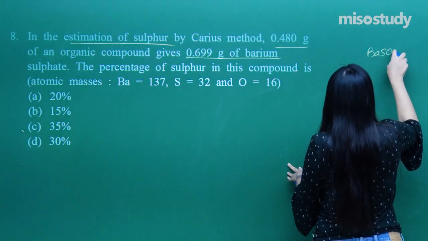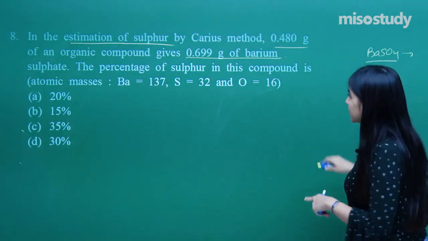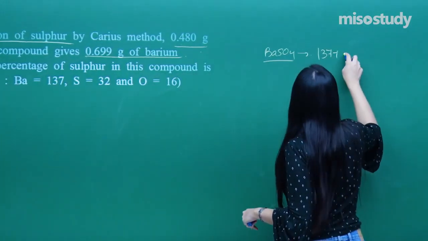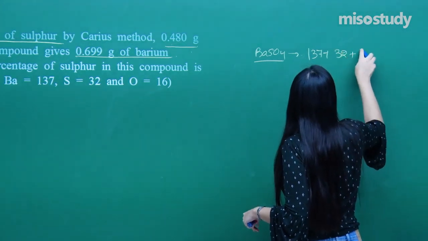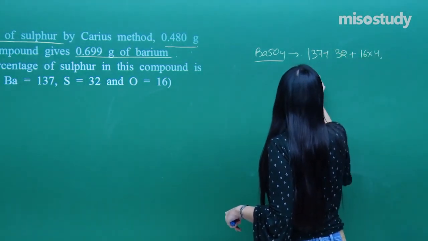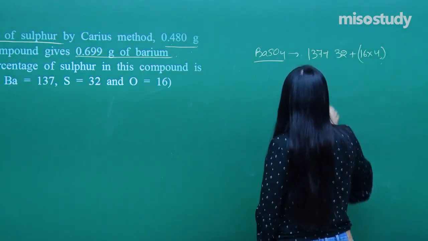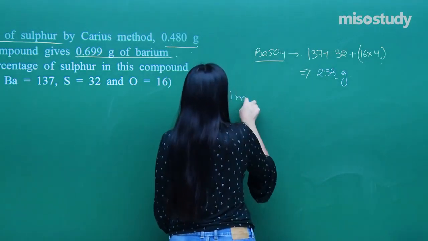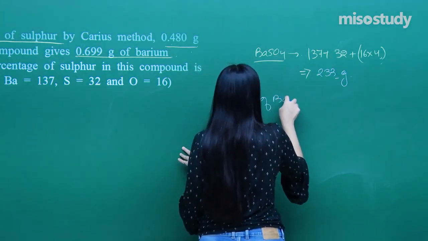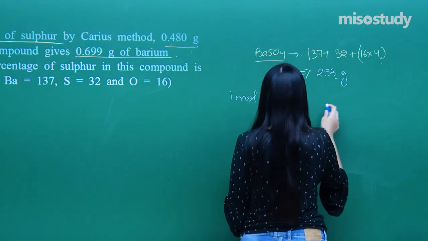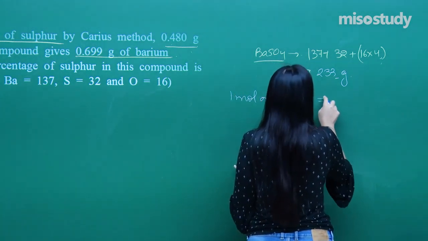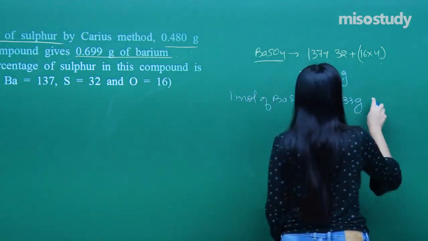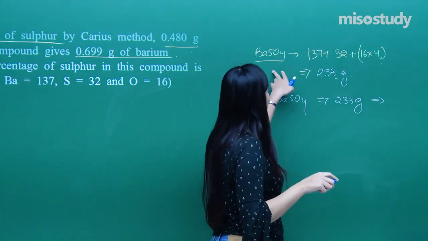Barium sulfate first of all, how much will the molar mass come out to be? So, barium is 137 plus 32 plus 16 × 4, that is 64. It will be 233 grams, right? So, we all know, again a similar kind of unitary method followed, that 1 mole of BaSO4, 233 grams of BaSO4, will correspond to how much sulfur?